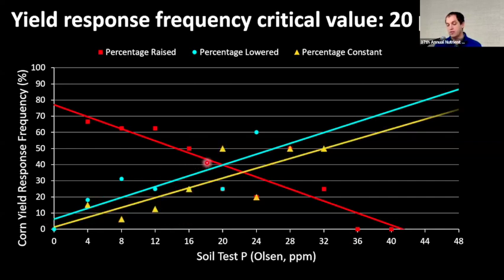And then we also, following the same trend, saw no change in yield. So these kind of mirrored each other. Interesting thing is if you look at that intersection there, it's about 20 parts per million, which is right in that 16 to 20 kind of shown from the other graph as well. So it kind of shows us as we increase in soil P, we decrease our chance of response, but we also increase our chance of not seeing a response or seeing a decrease.